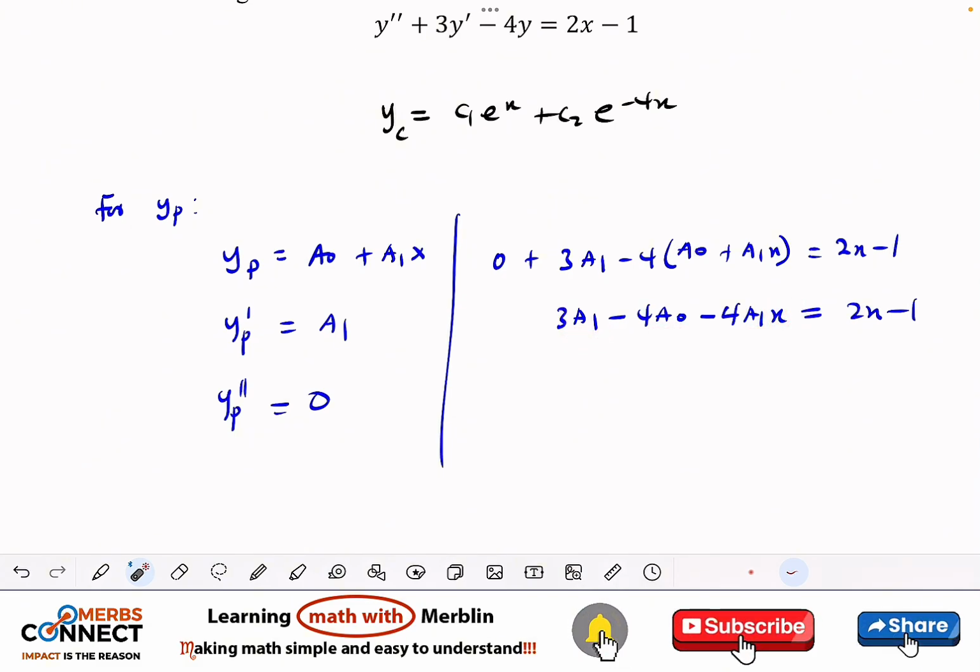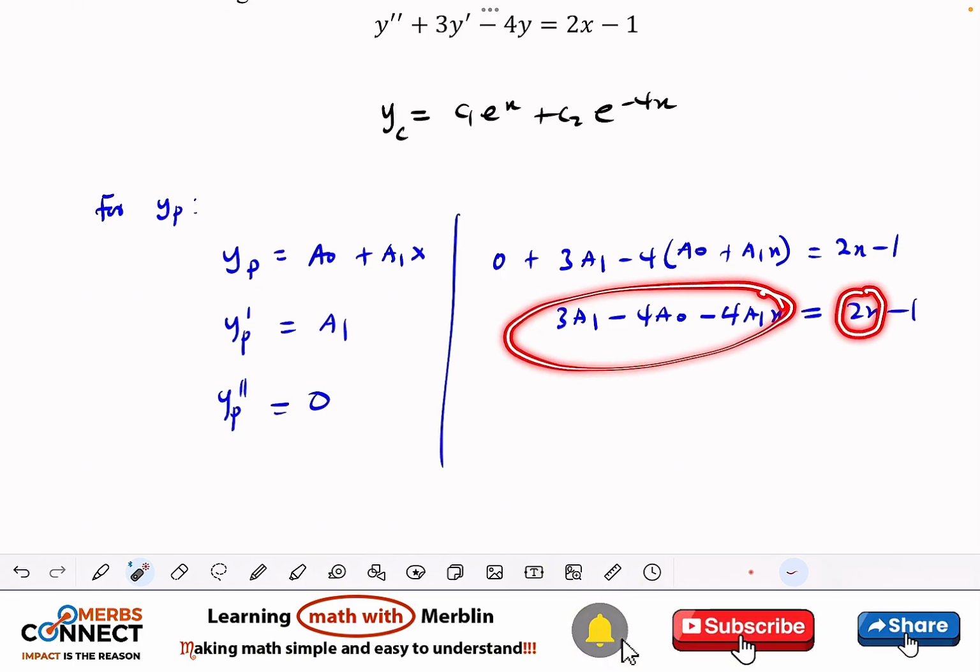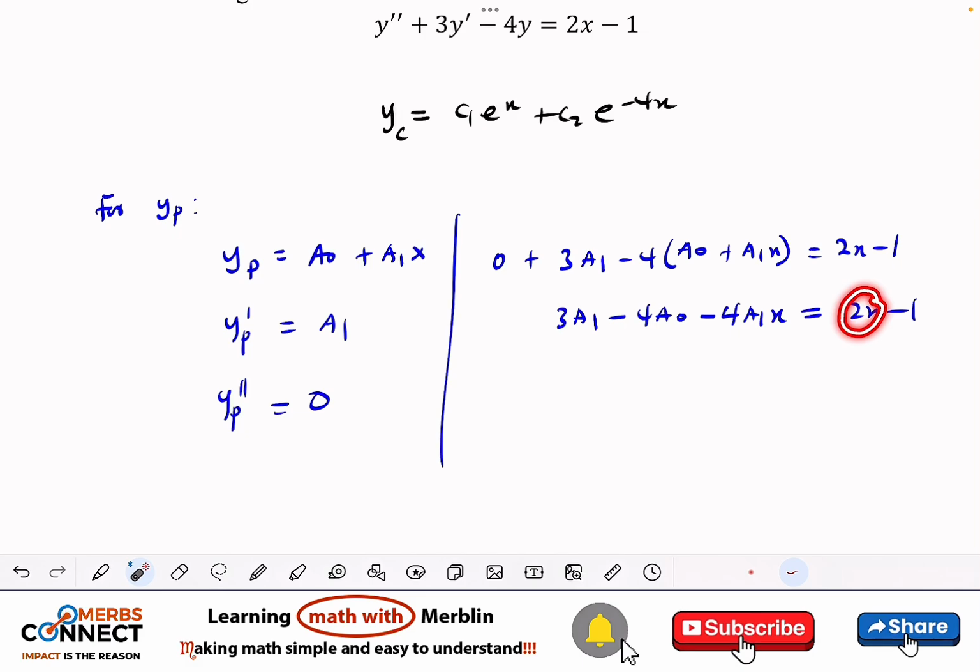So let's compare the term with x here and the term with x here. When I compare these terms in x, I have minus 4a1 equal to 2.